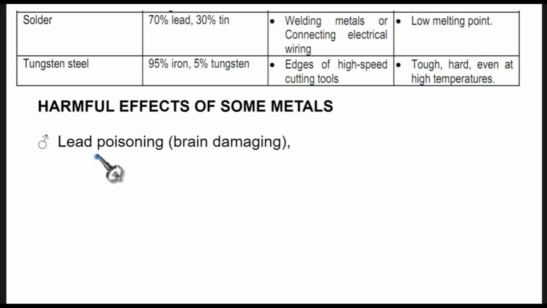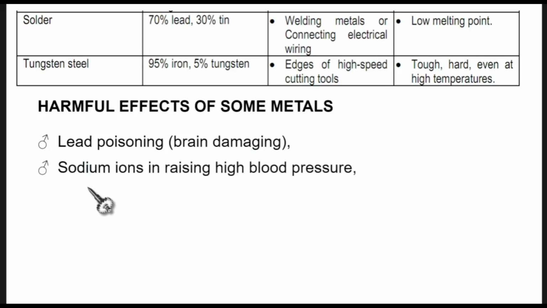So this is lead poisoning from the actual metal lead. Then we have also sodium ions, which cause high blood pressure. Then we have also Alzheimer's, which is caused by aluminium. Alzheimer's is a condition where a person has memory loss.